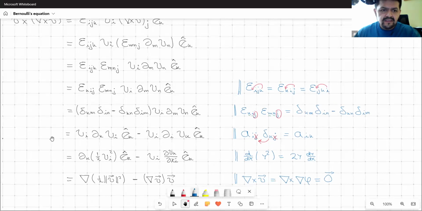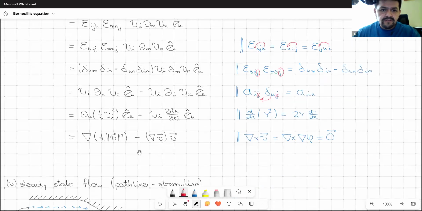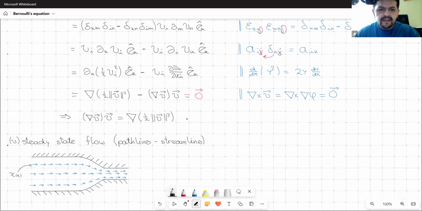So in the end, what we were able to prove is that, well, first things first, this is 0. Therefore, what we've proven here is that the gradient of b applied in b is nothing but the gradient of 1/2 of the norm of the velocity squared. Okay? And this is a very important term that we will use next.